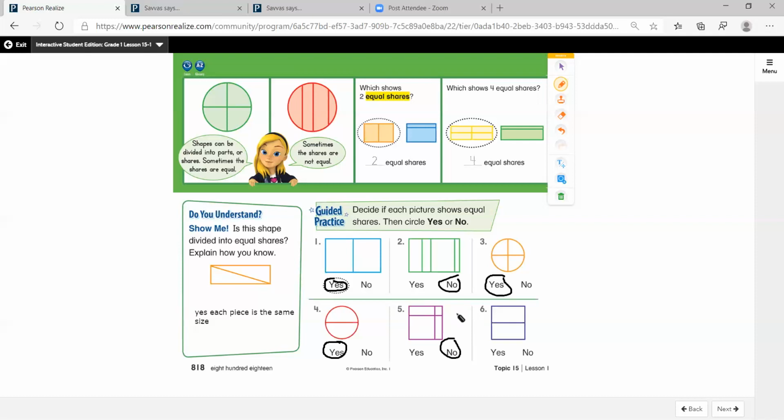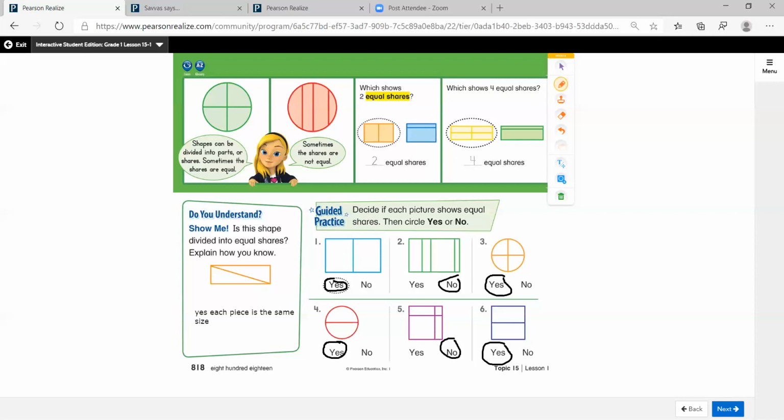Moving on to number 6. What about this shape? It's been divided into 2 shares. Are they equal? Yes. The top and bottom piece are the same size. This shape has been divided into equal shares.